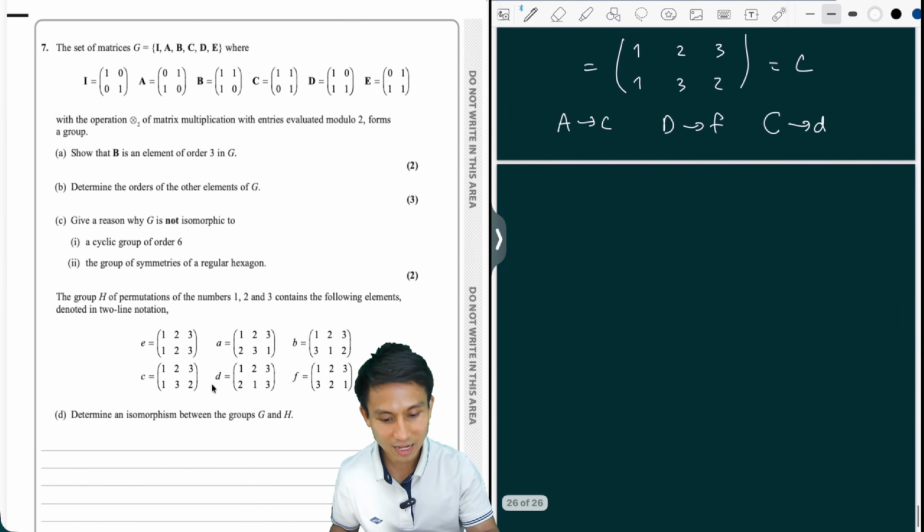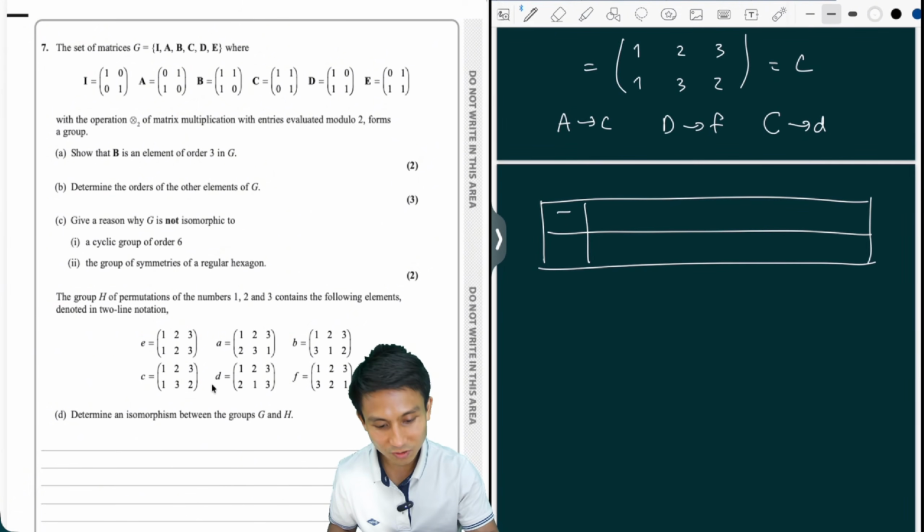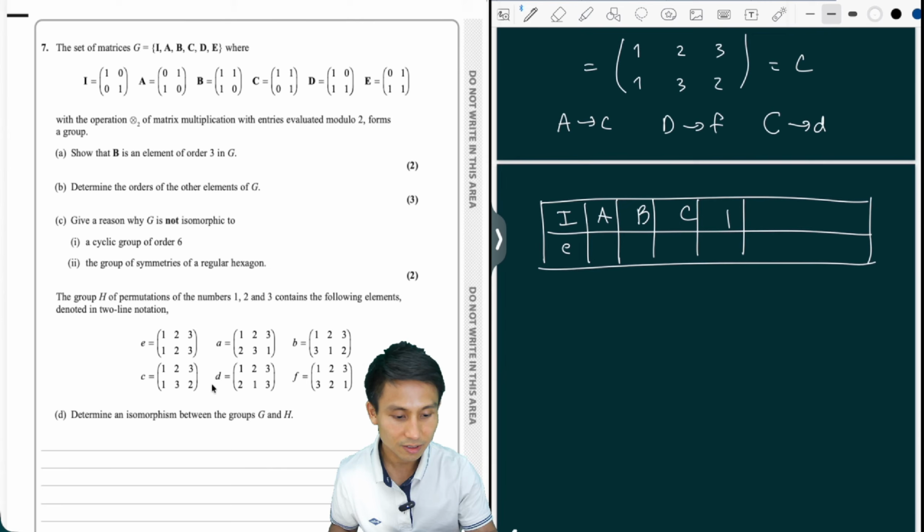So let's conclude that in a table. Of course I to E, and we have A, B, C, D, and E, not to scale.